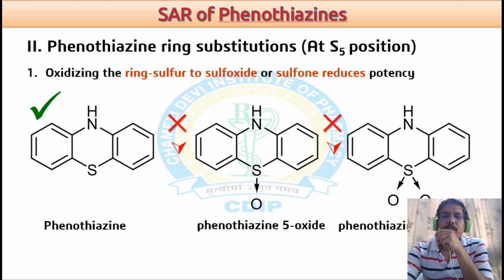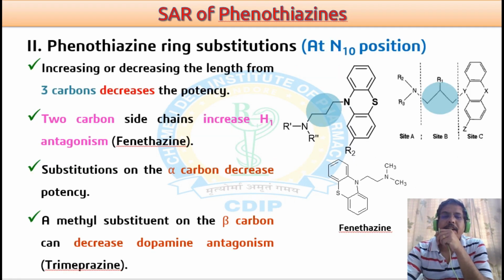We go for the substitutions on the 10th position, that is the nitrogen of the phenothiazine ring, and in these conditions the substitution nature is quite important, and responsible for different types of activity patterns. So generally the 3 carbon chain length is optimum for the activity.